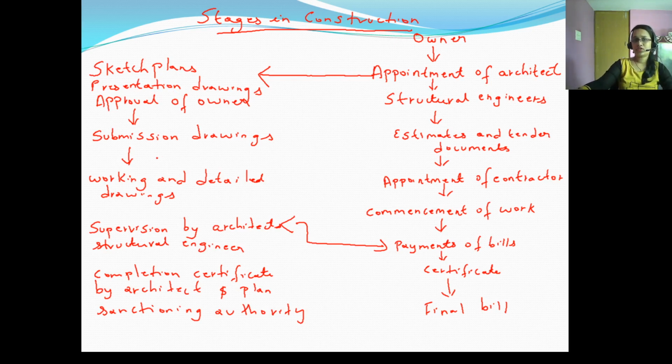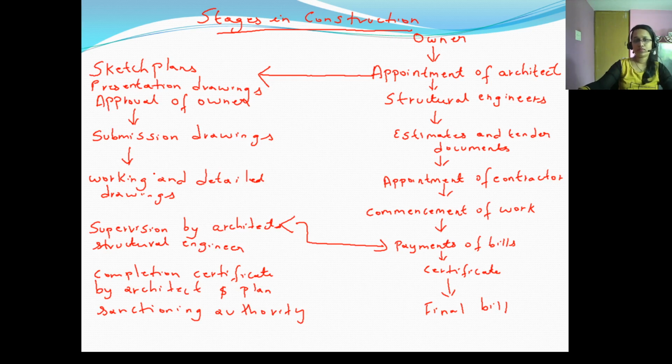After presentation drawings, he has to prepare the submission drawings, which is the general layout of the drawings. Then, in more detail, there are the working drawings. In working drawings, he has to show all the details, like all the sizes of the doors and the rooms.